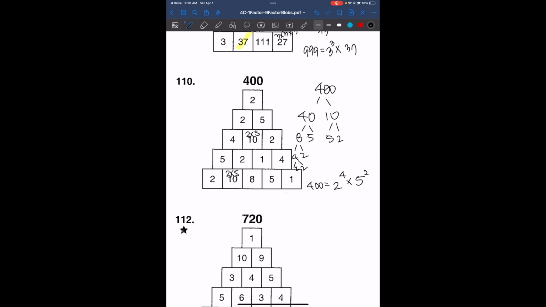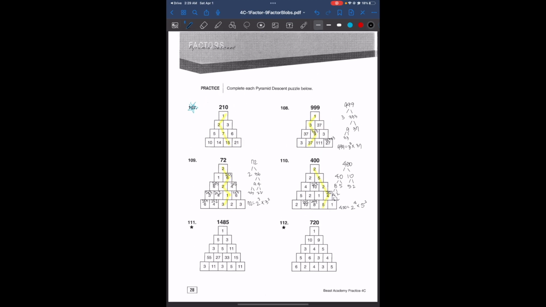We're going to write 10 as 2 times 5 and 8 as 2 times 4. And so based on this information, the pathway that we should take is this. And so this pathway basically multiplies 2 four times and 5 two times.